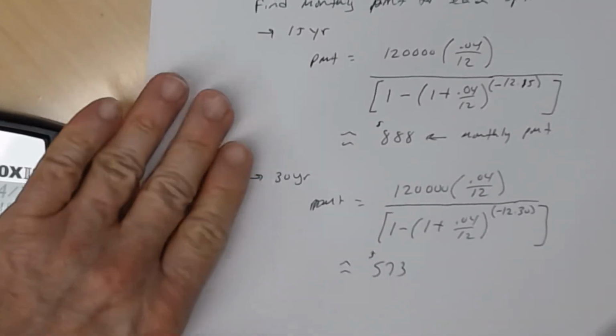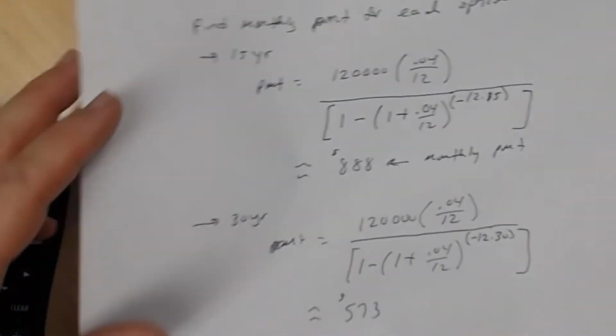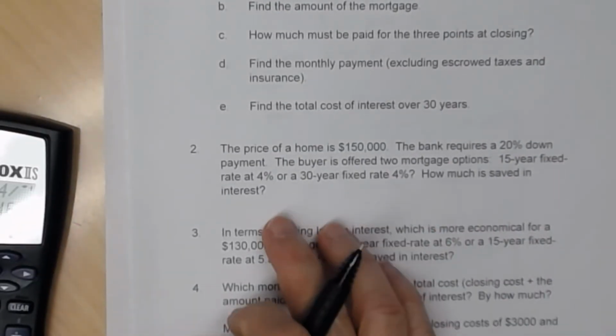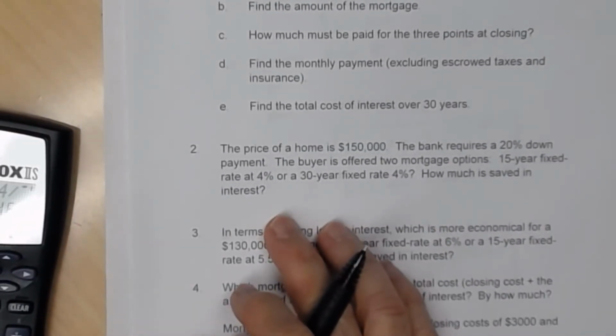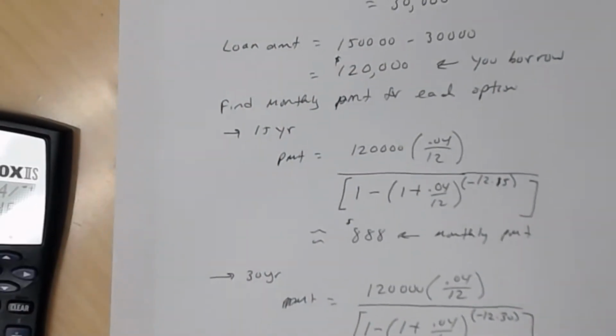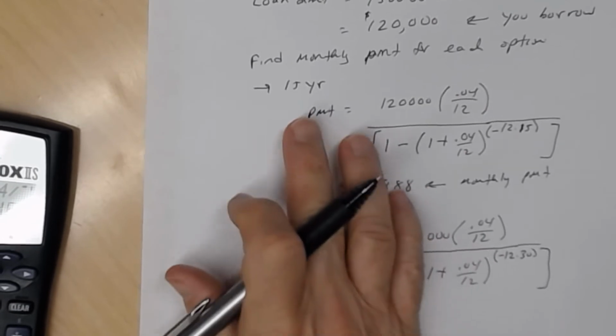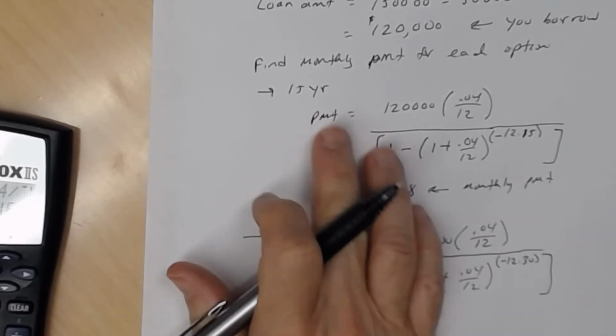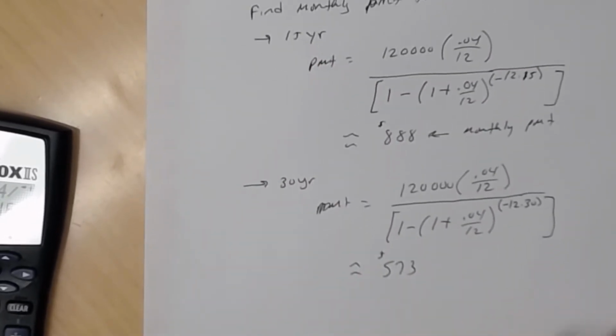We're still not on number 2. Remember, number 2 asked how much is saved in interest. So now here's what we've got to do. I know the monthly payment for each loan.